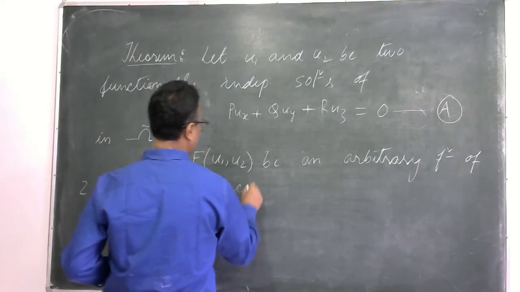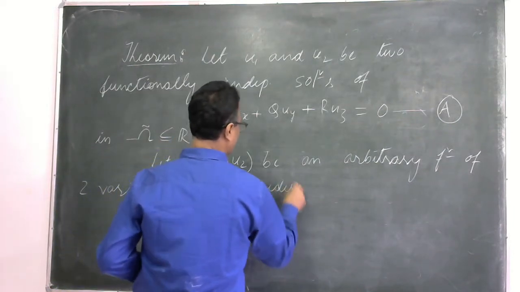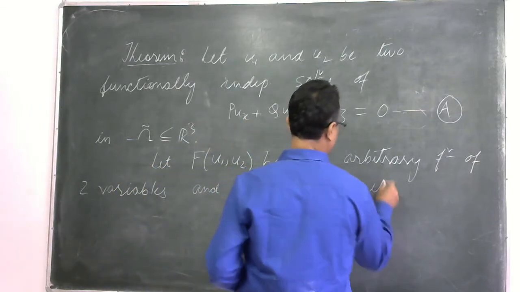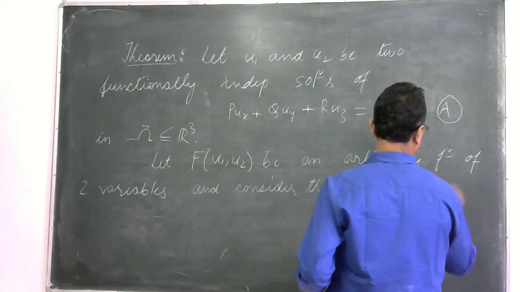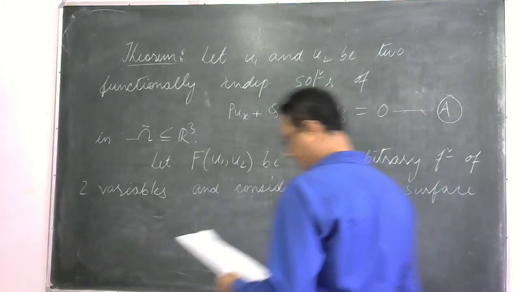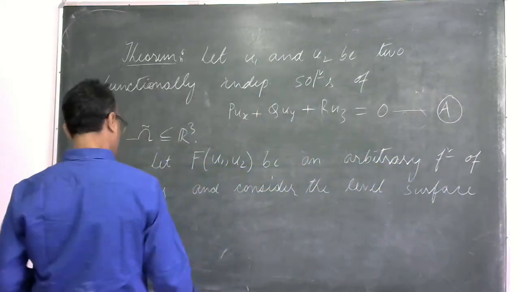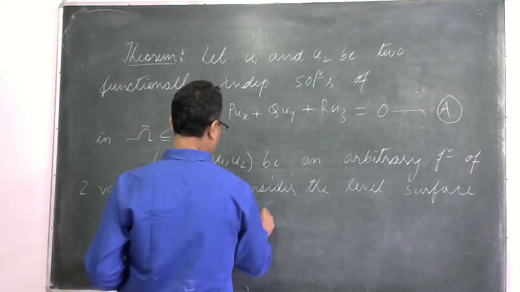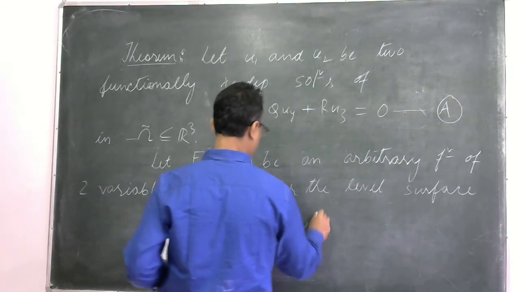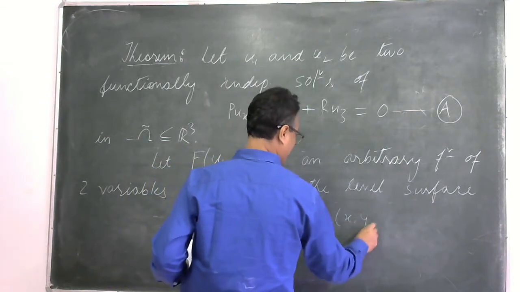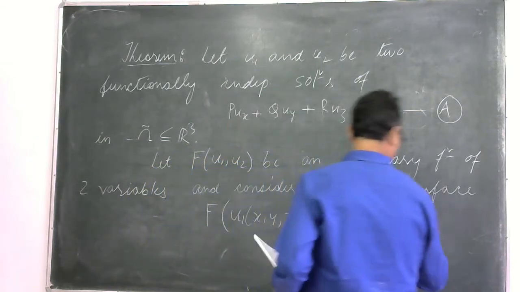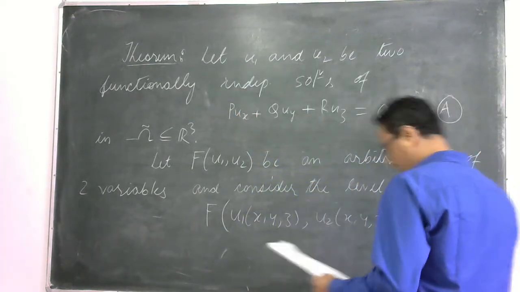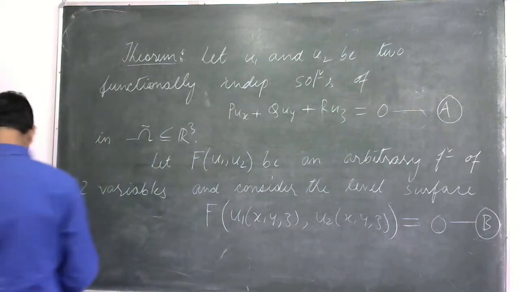And now consider the level surface, this one. You already know it. X, Y, Z equal to 0. Let me call it B. Okay.